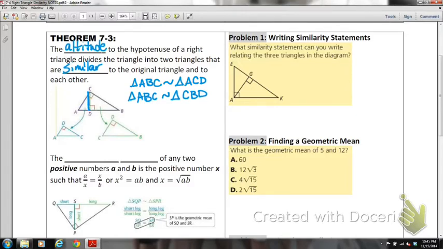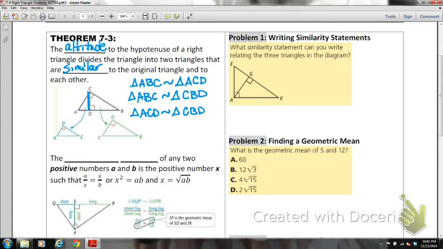And then these two triangles on the inside, the small one, triangle ACD, is also similar to triangle CBD. So those are the relationships that you have within that right triangle.